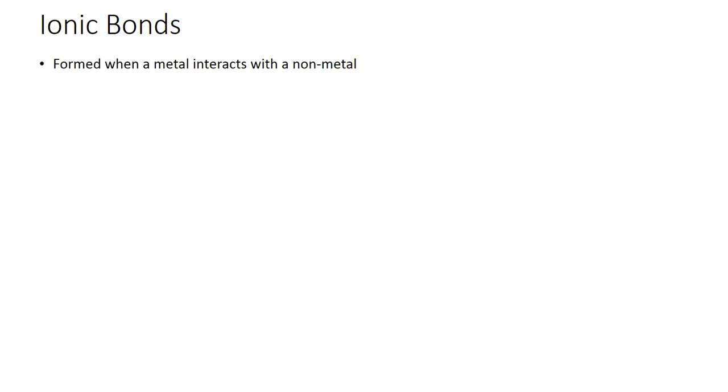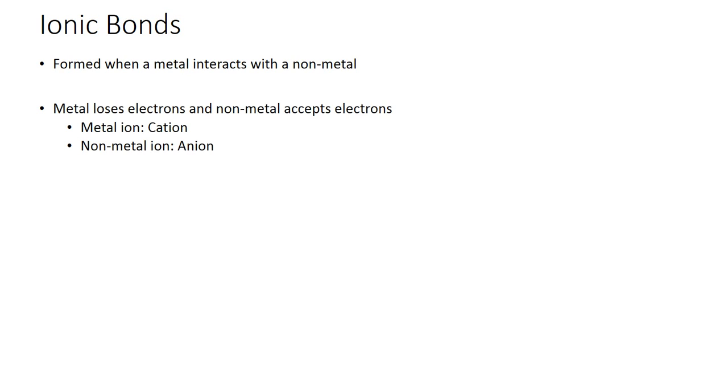So when you see a combination between sodium and chlorine, you know that what you have is an ionic bond. In this case, the metal loses electrons and the nonmetal will accept electrons. So the sodium will lose an electron and the chlorine will grab the electron. The metal ion is known as a cation, and the nonmetal ion is known as an anion.